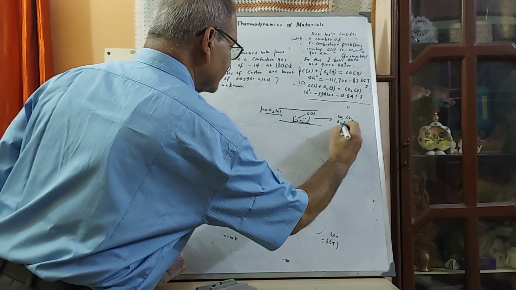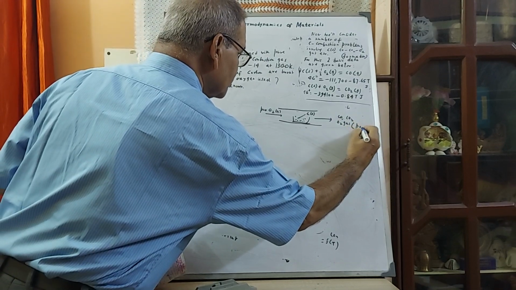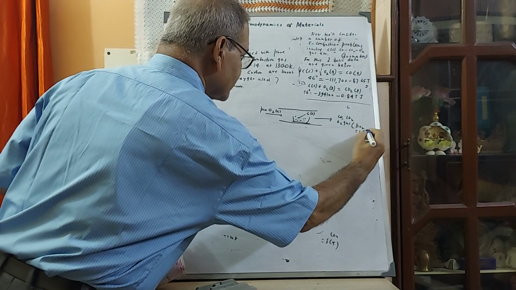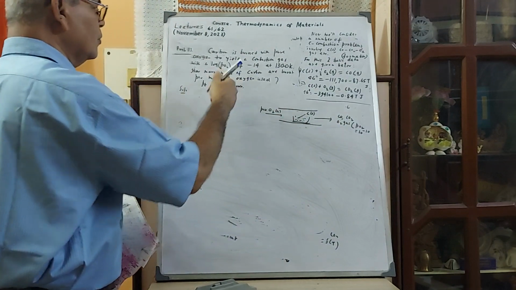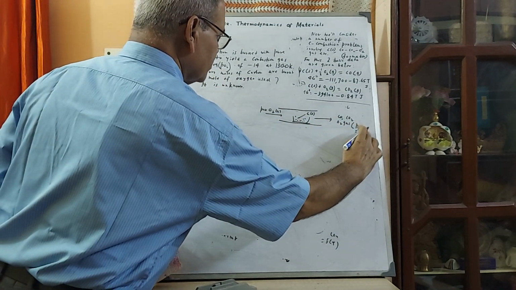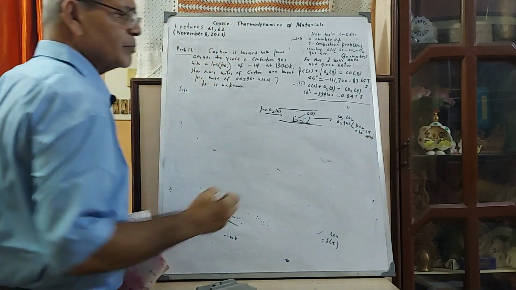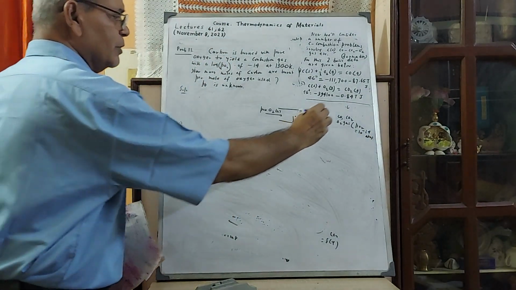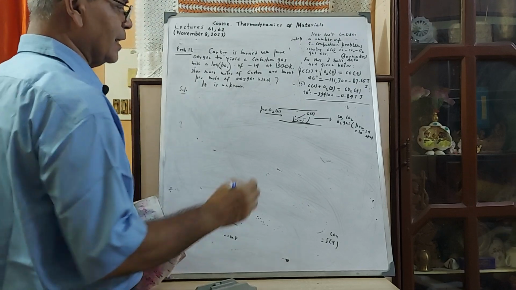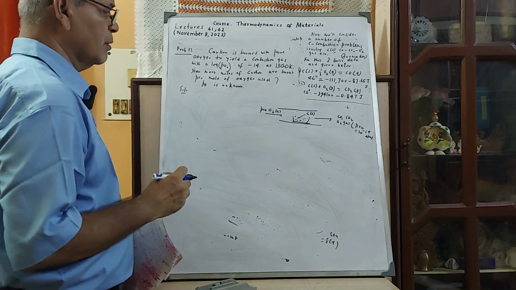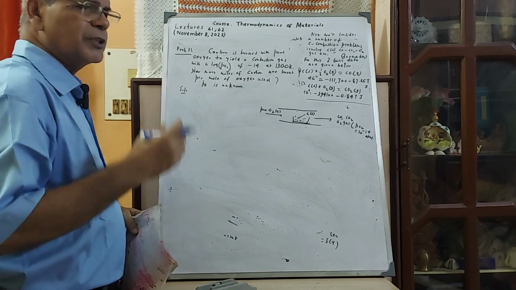What is given here? Fortunately, log PO2 is minus 14, which means PO2 is 10 to the minus 14 atmosphere. This gas mixture of CO2 and oxygen gas has PO2 of 10 to the minus 14.